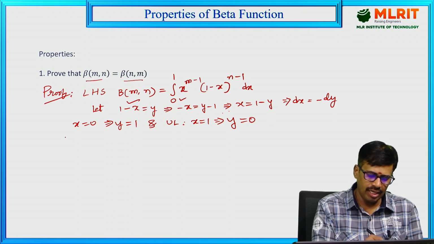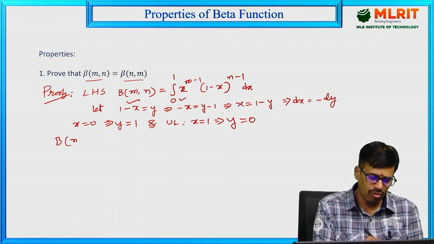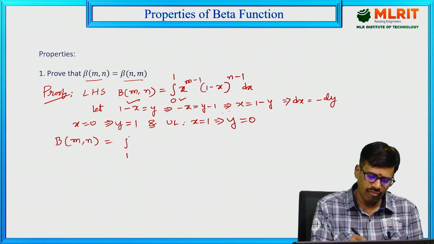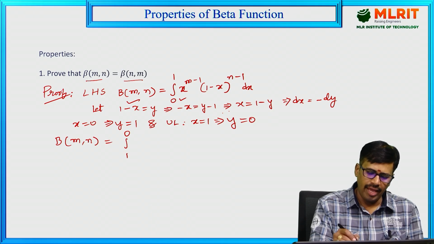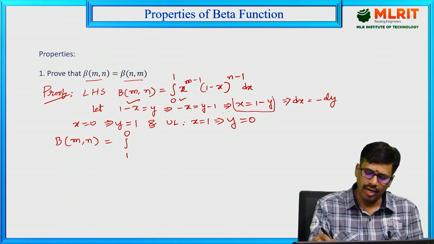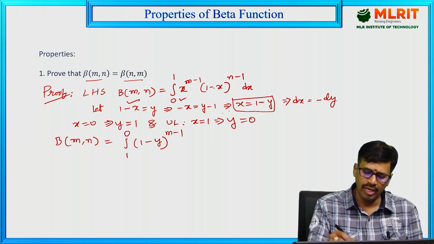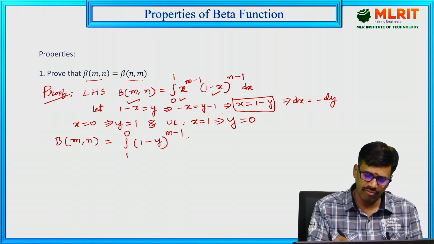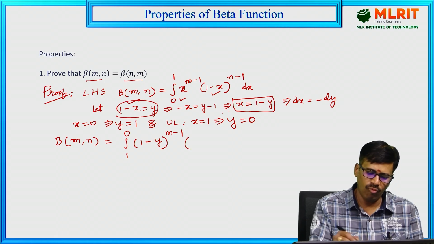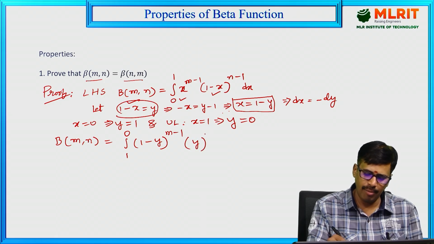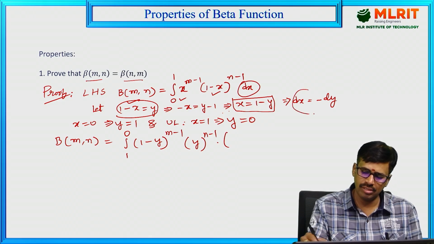So, this integral can be written as beta of m comma n is equal to integral 1 to 0 x power m minus 1, x means what? (1 minus y) whole power m minus 1 into 1 minus x, 1 minus x means y power n minus 1 into dx, dx means minus dy.